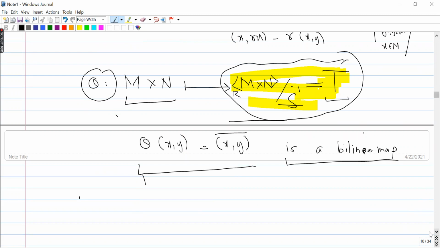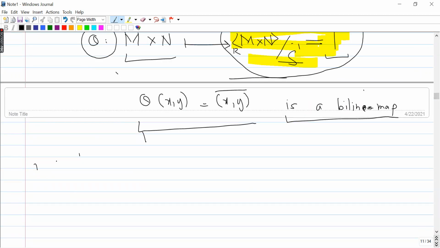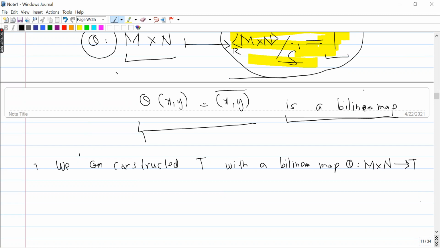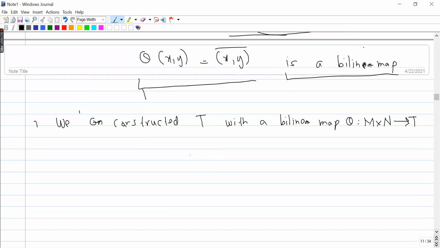So we constructed T with a bilinear map theta from M cross N to T. But still we need to show that this T is satisfying the universal property of the tensor product.